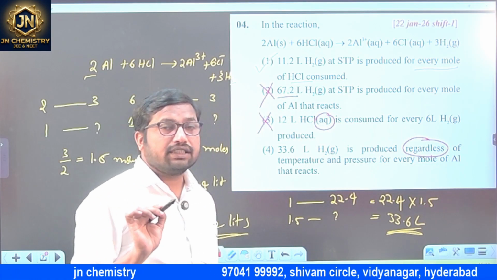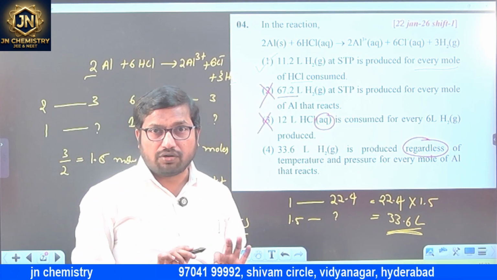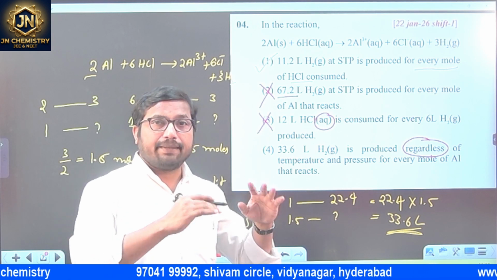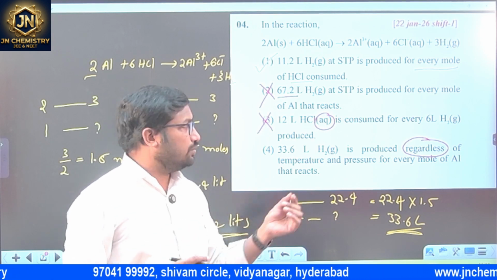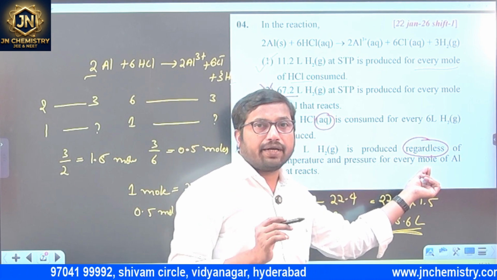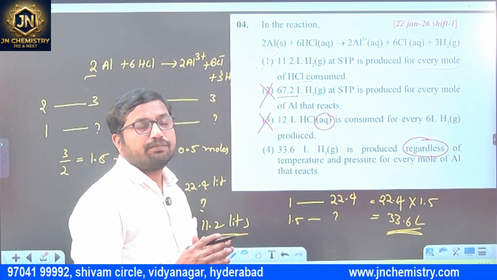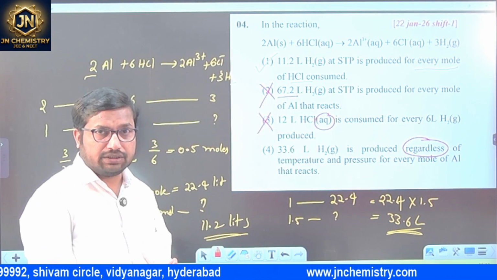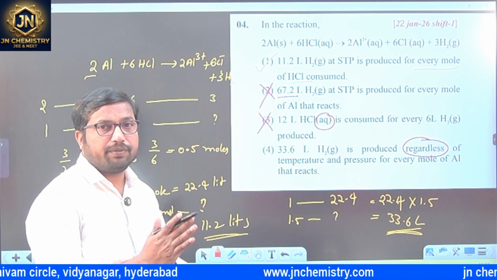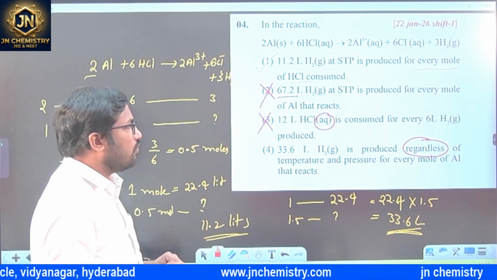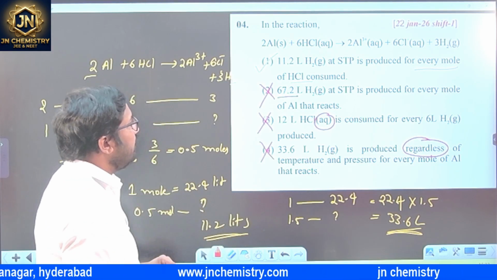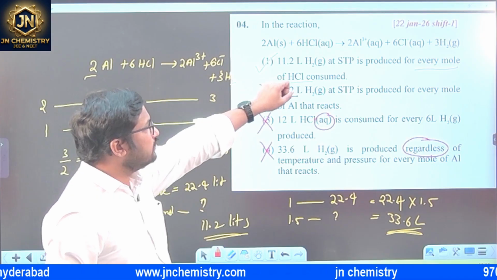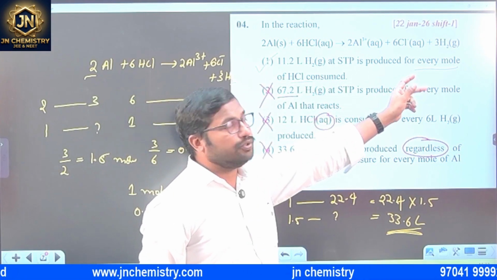At STP conditions, temperature and pressure should be constant. Regardless means whatever the temperature, whatever the pressure. So we need to understand this more and more. In STP, the temperature and pressure should be fixed, but this is the wrong one. So the answer will be the first one, 11.2 liters of hydrogen at STP produced.